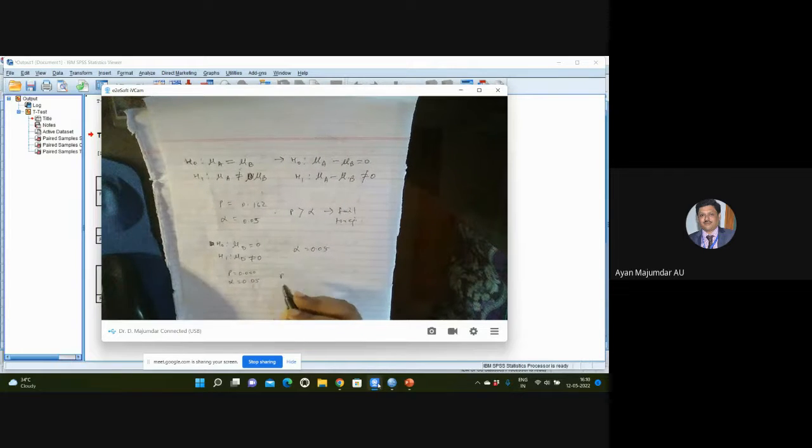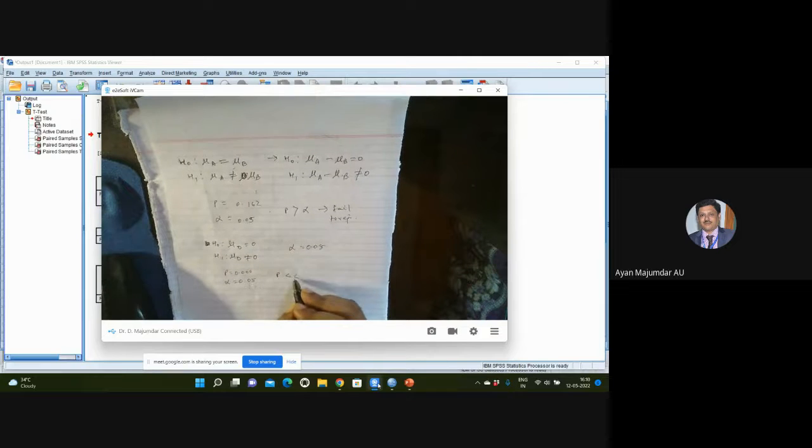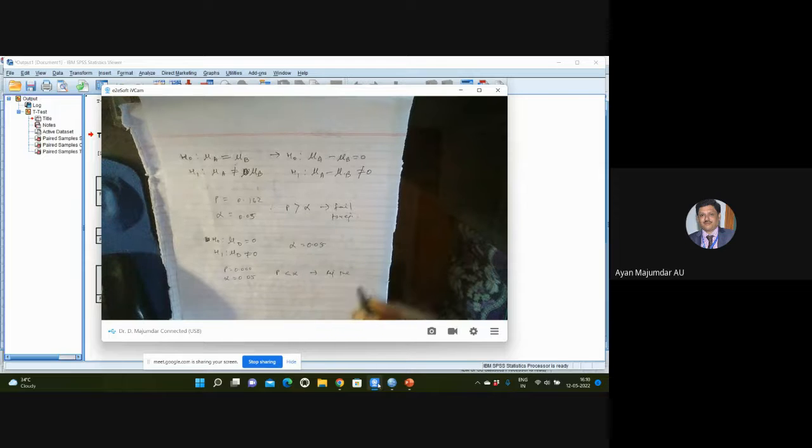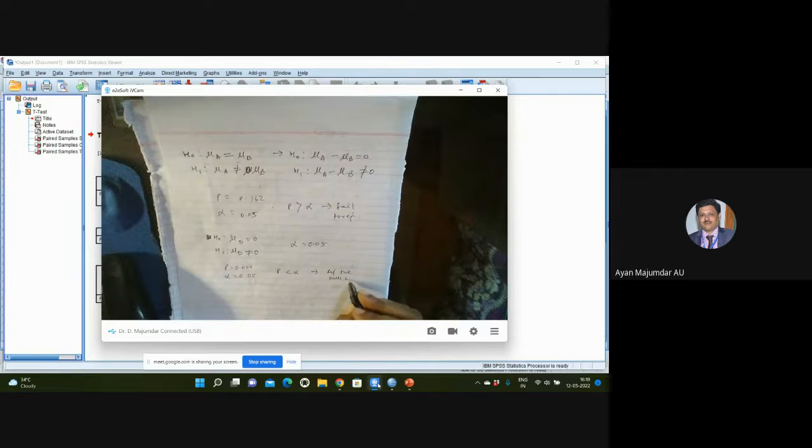Since the p is less than alpha, we reject the null hypothesis that there is no difference between the mean pollution level of this paired sample, and we accept the alternative hypothesis that there is a difference in the mean pollution index for both these two areas.